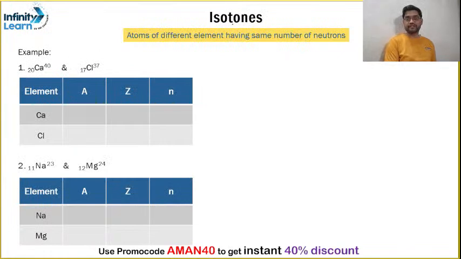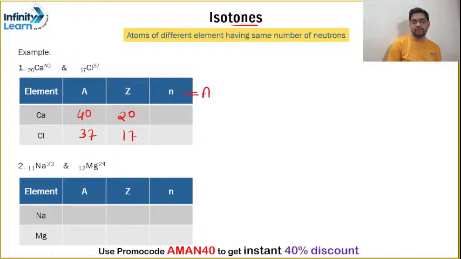Next, isotones. The word itself suggests: tones means they will have the same number of neutrons. Let us see the examples. Calcium and chlorine. The atomic mass number is 40 over here, 37 over here, and atomic number is 20 and 17. Neutron N is A minus Z. 40 minus 20 is 20. 37 minus 17 is 20.